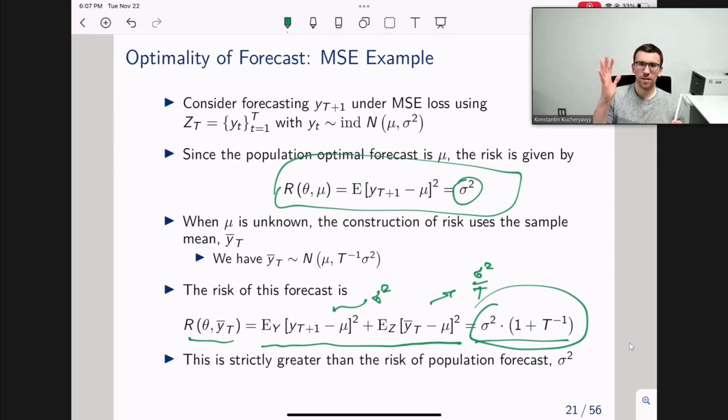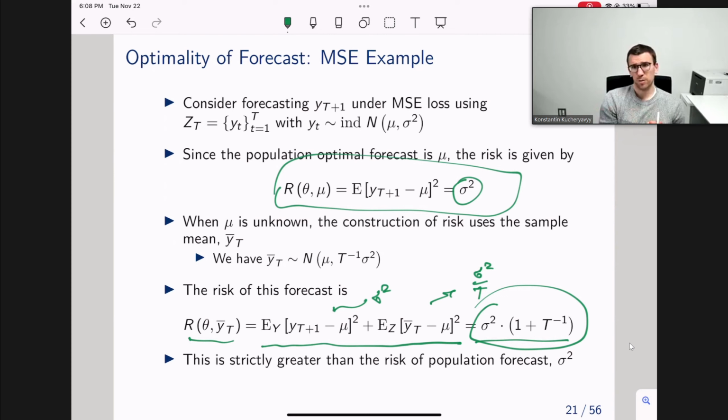I think this is a very simple situation. Just imagine that I start throwing at you numbers from a normal distribution with mean mu and variance sigma squared. You know neither mu nor sigma squared. And then I tell you, give me an optimal forecast of the next value under a quadratic loss.